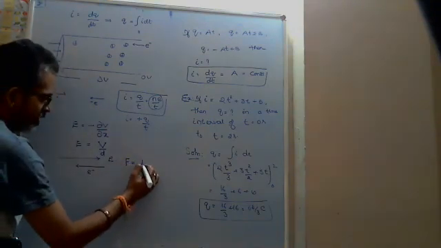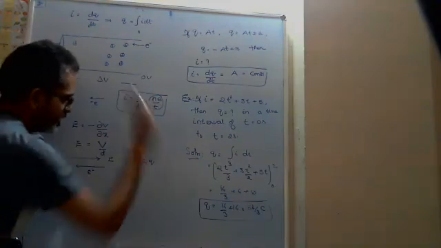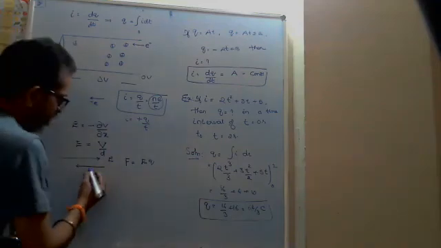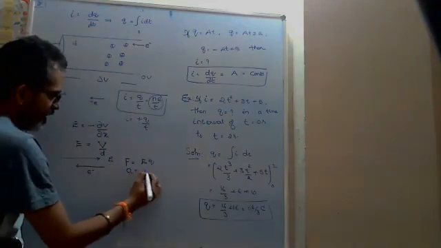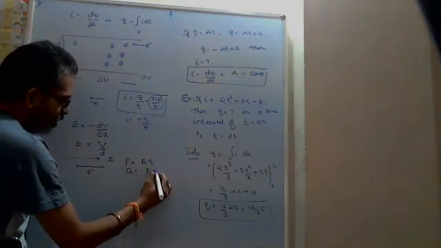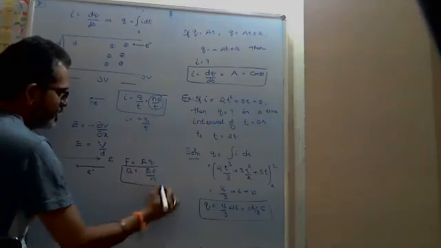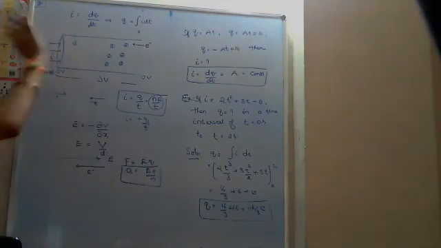That force is E into Q on each electron, as you know from the charges and fields chapter. By that it experiences some acceleration, A equals E Q by M, where Q is the charge on the electron. This is the acceleration experienced by an electron.